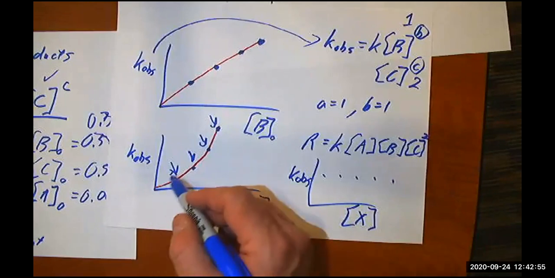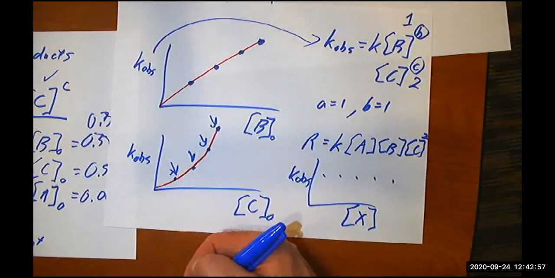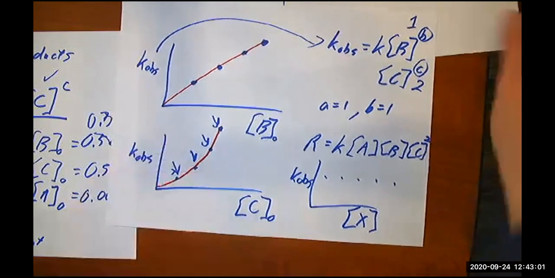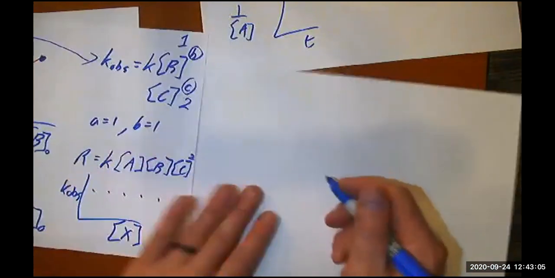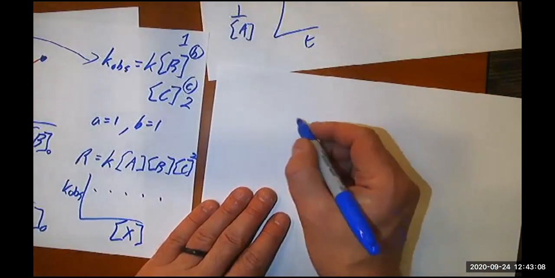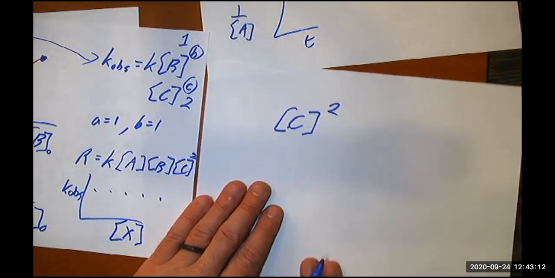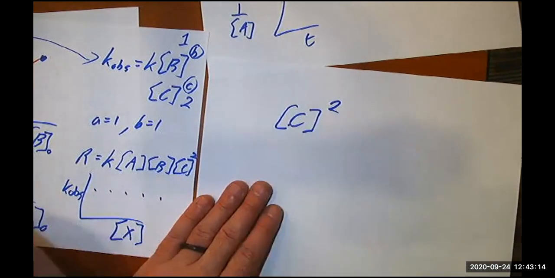Now, how do you look at this and say, oh, okay, it's curving, it must be quadratic? Well, the easiest thing to do is to say, what is a quadratic? Second order is most likely, but quadratic would be saying that we have concentration of C squared that's affecting K observed.